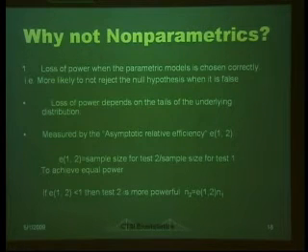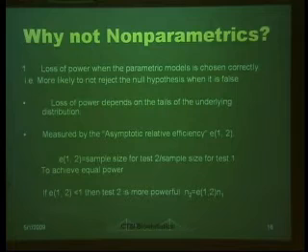And it's usually measured by something called the asymptotic relative efficiency of two tests. This is the sample size that you would need for the second test divided by the sample size for the first test to achieve equal power for the two tests.